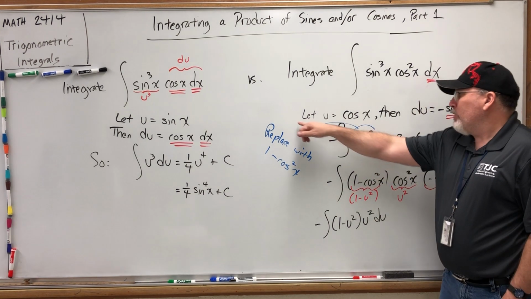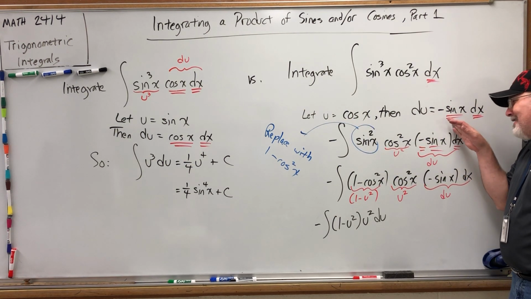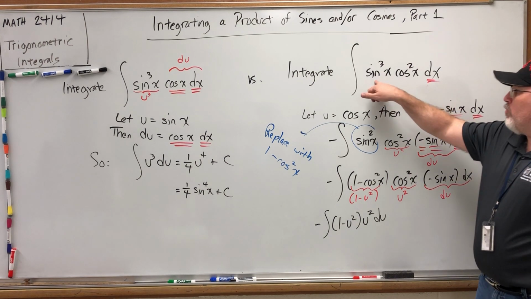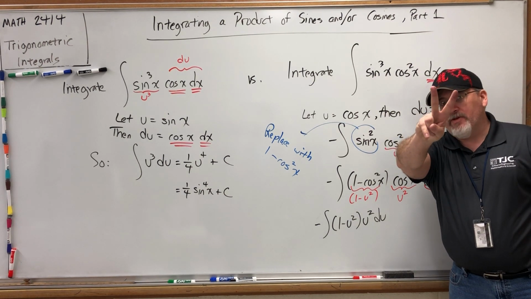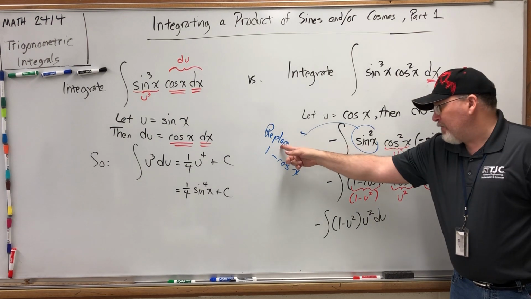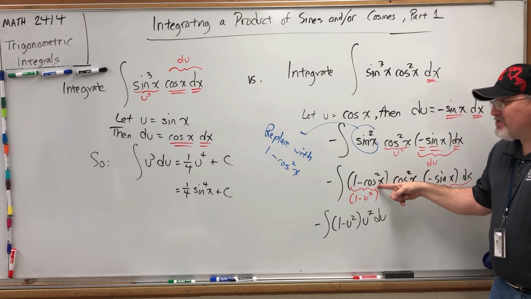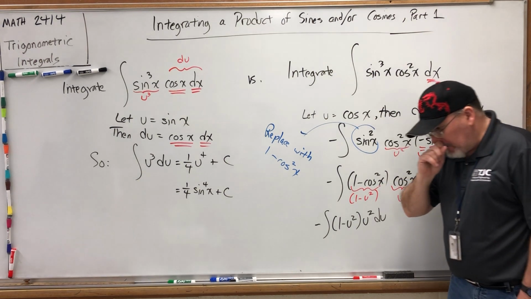But when we said let u equal cosine x and du equals negative sine x dx, we still borrowed one of these, but we had 2 of them left over. And because we had 2 of them left over, we could take advantage of the Pythagorean identity, replace them with some cosines, which we knew what to do with.